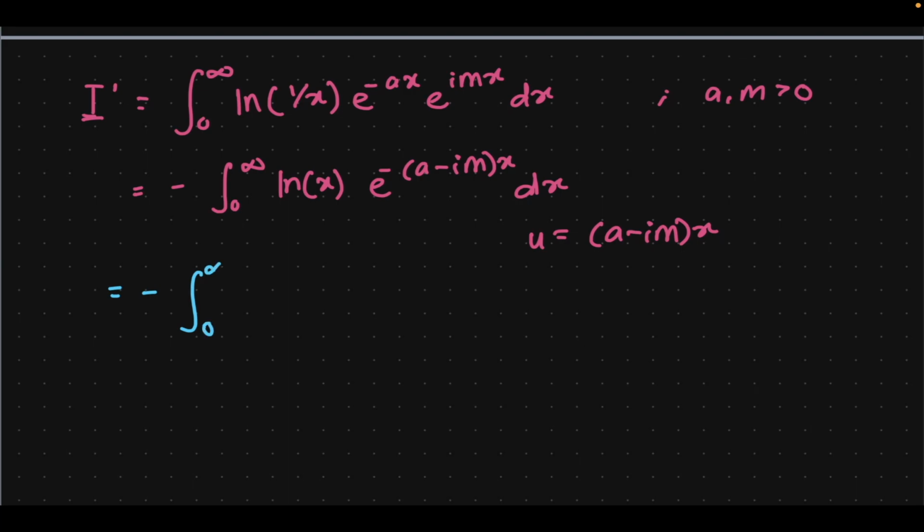One thing to point out: when I make this substitution, the upper and lower bounds basically become this complex number (a minus im) times the original real part.